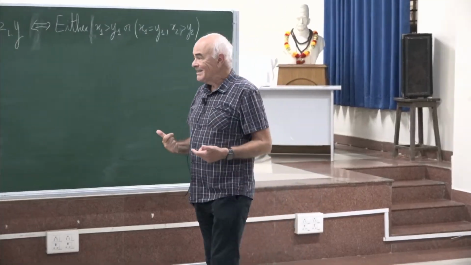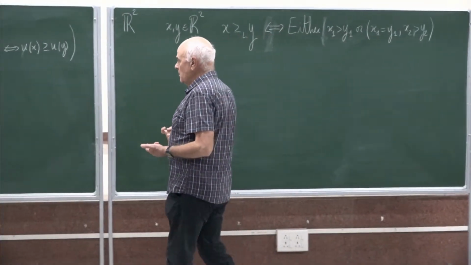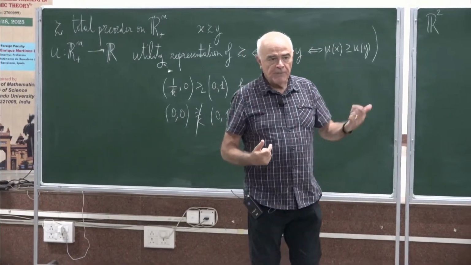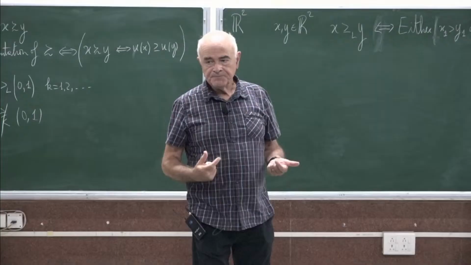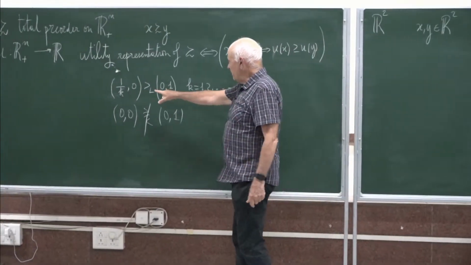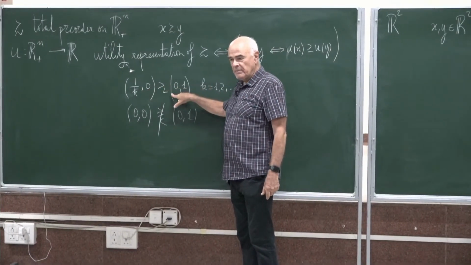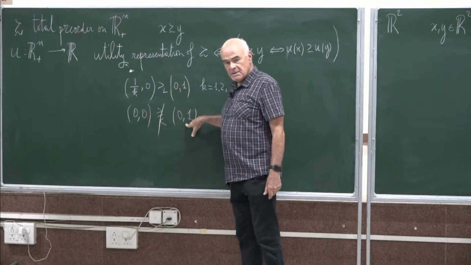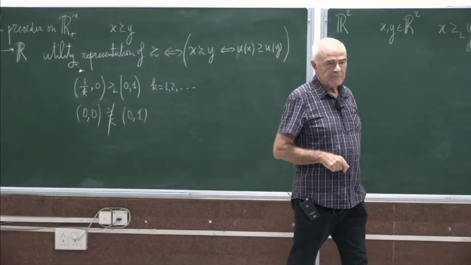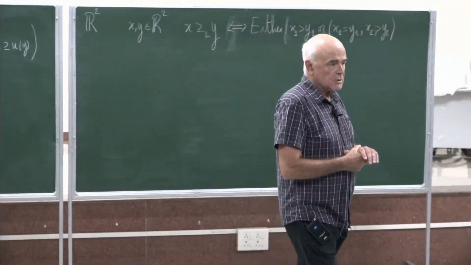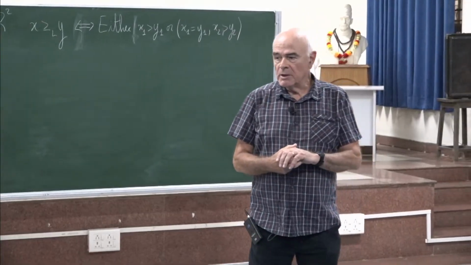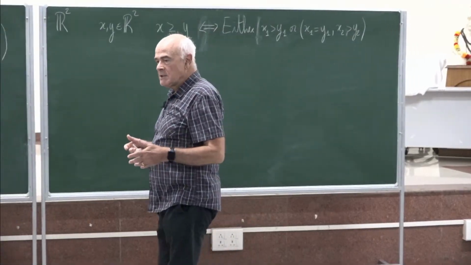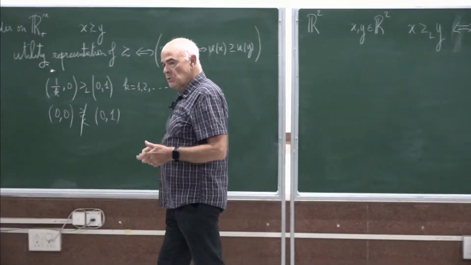This means that the graph of the lexicographical order is not a closed set. The pair consisting of these two elements is in the graph, but their limit is not in the graph. So it is not closed. So we cannot apply Debreu's theorem. So we don't know if there is a utility representation or not.